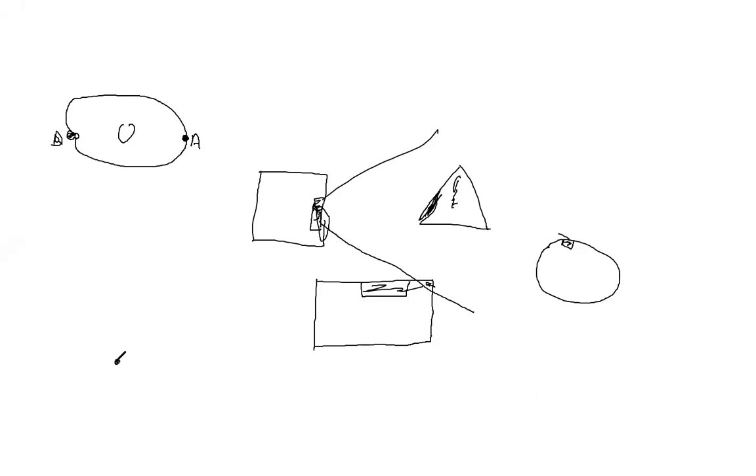So this is a distant star, and you calculate the angle of the line that is there. I'll just extend the line. So you calculate this angle, and 6 months after, you calculate the angle again.